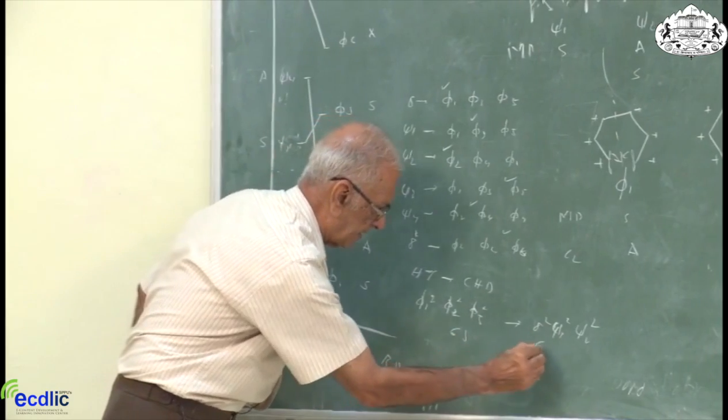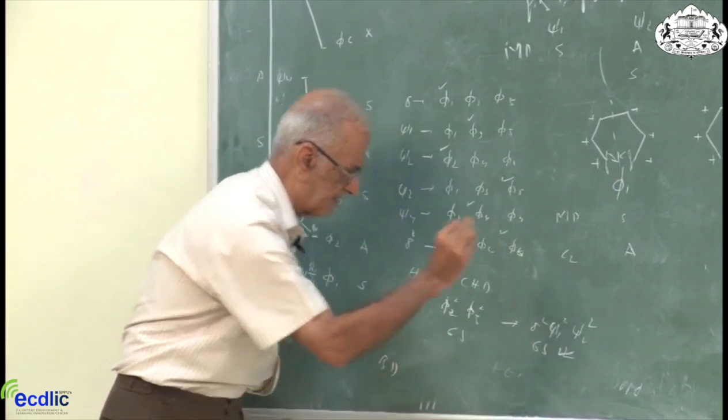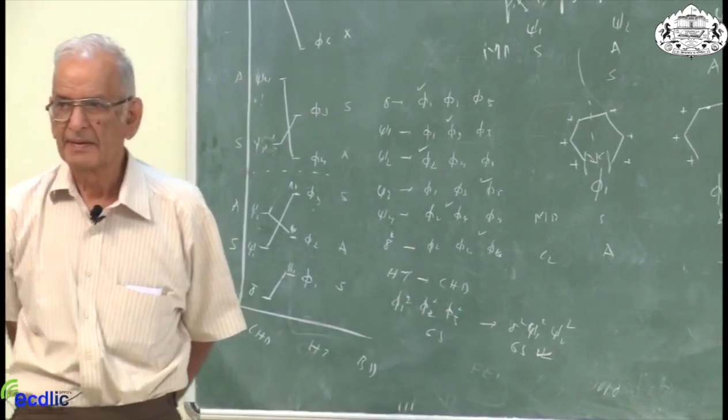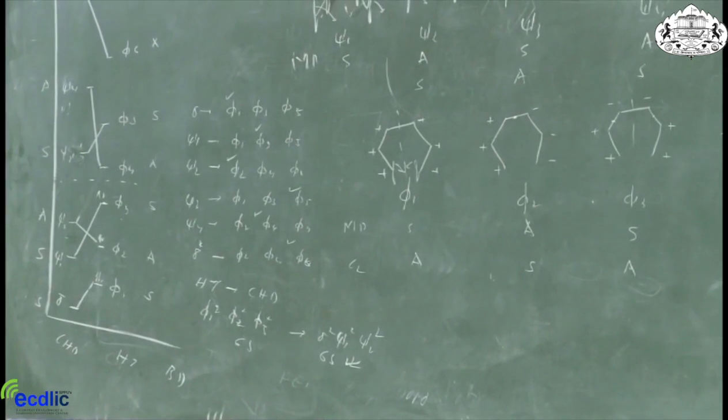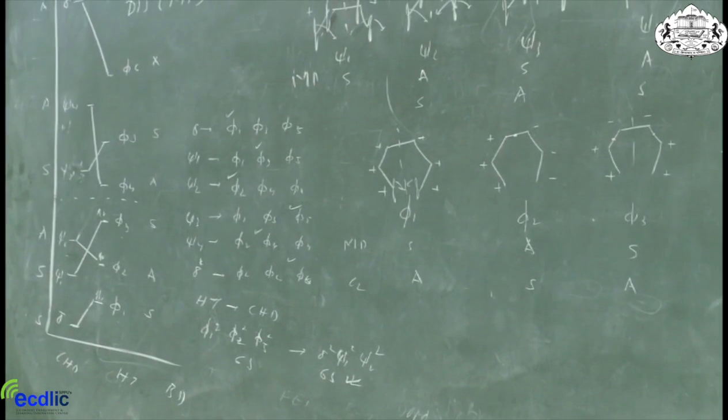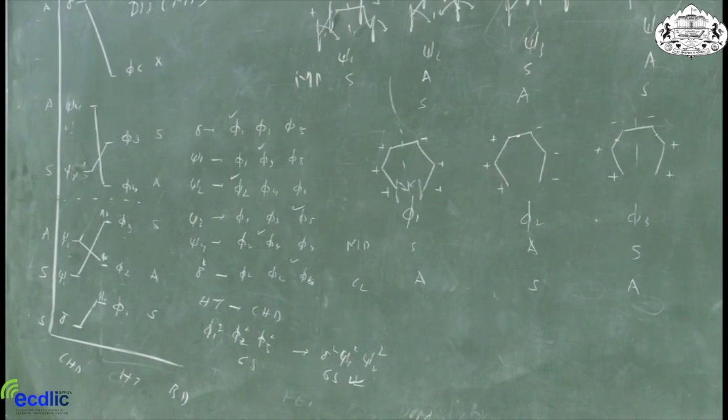Ground state gives ground state. Therefore, this is an example of 4q plus 2. So for 4q plus 2, the thermally allowed reaction is disrotatory.